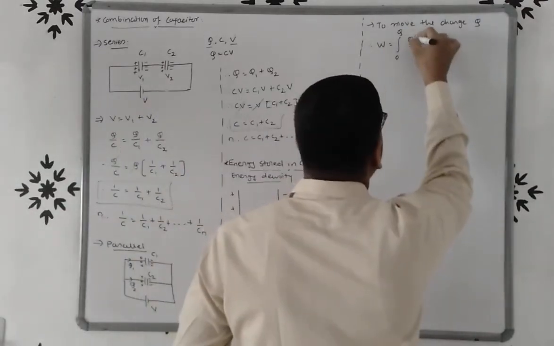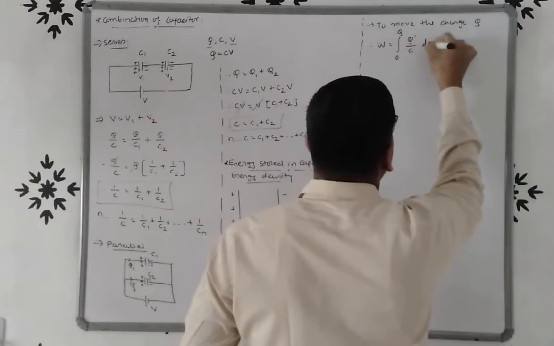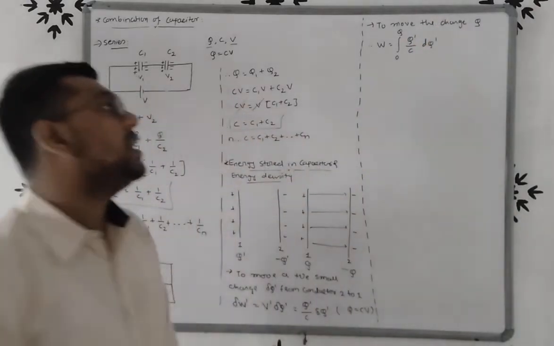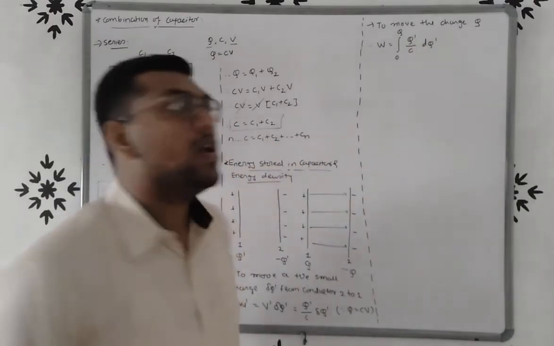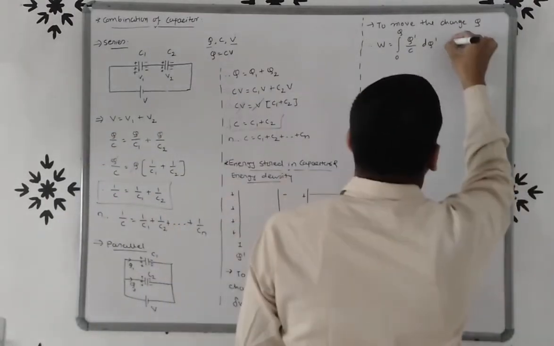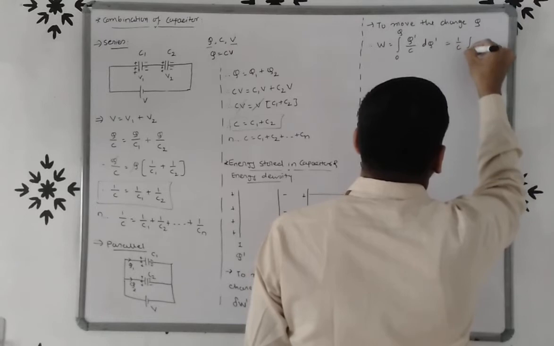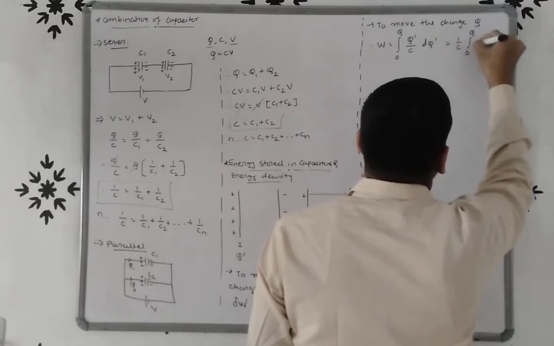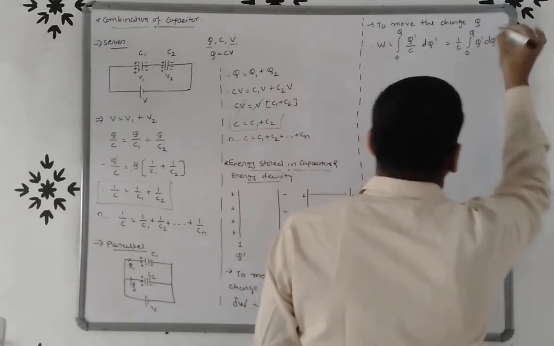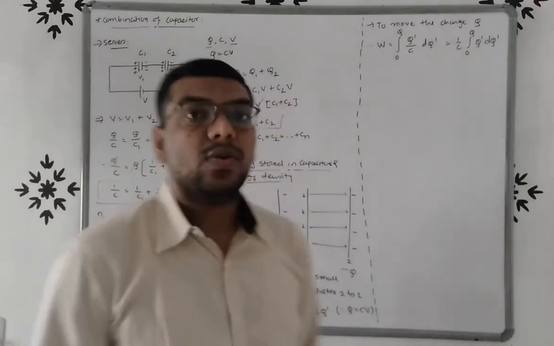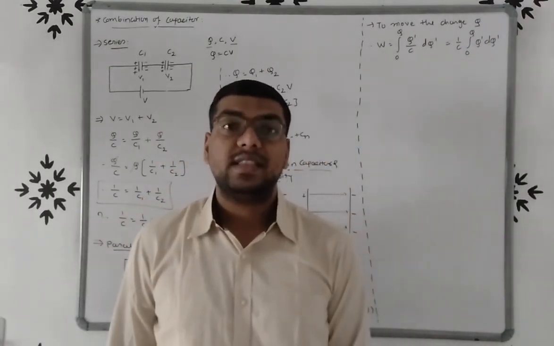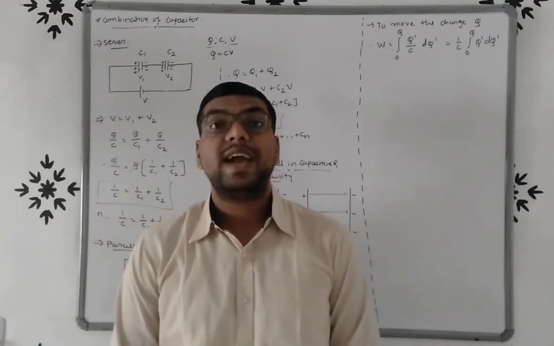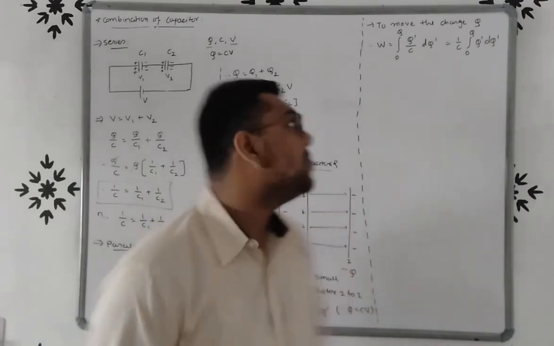So here we can take C common: 1 by C integration 0 to Q of dQ dash. We already know the formula of integration of x raised to n dx, that is x raised to n plus 1 upon n plus 1.